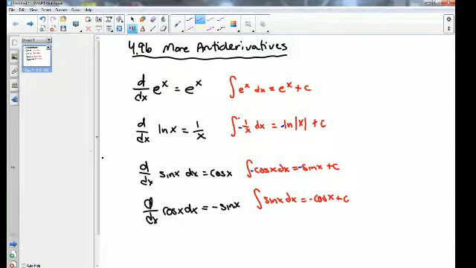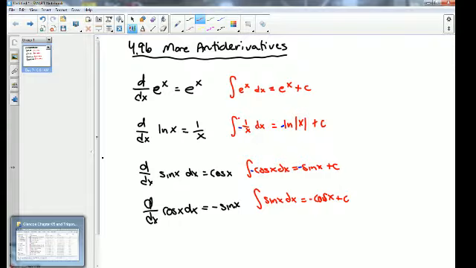Because you end up with a negative sign for the derivative, but when you are asked for the antiderivative, the result has a negative on it. It says cosine x.